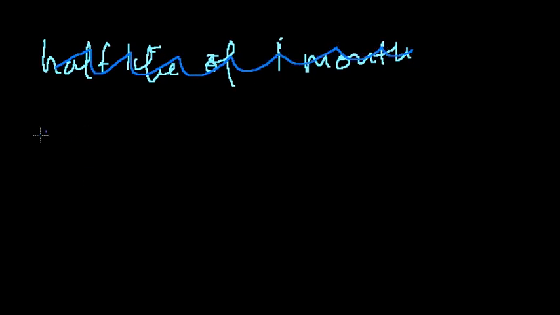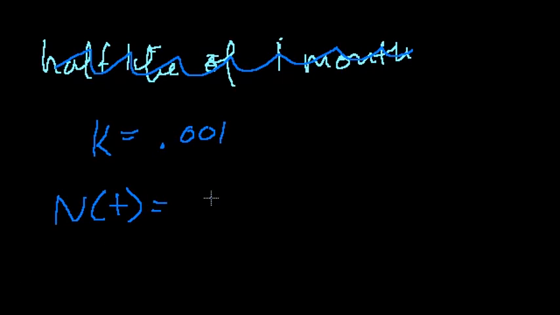You can go from a half-life to a k value; we did that in the previous video. Let's say my k value is equal to 0.001. So my general formula is the amount of product I have is equal to the amount that I started with times e to the minus 0.001 times t. I gave you this; if you had to figure it out from half-life, I did that in the previous video with carbon 14.